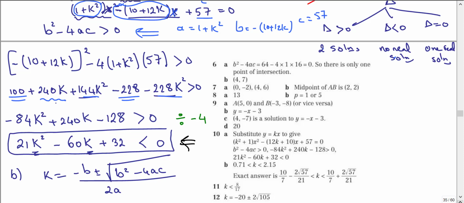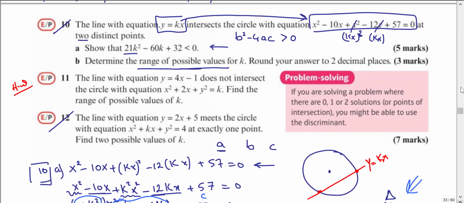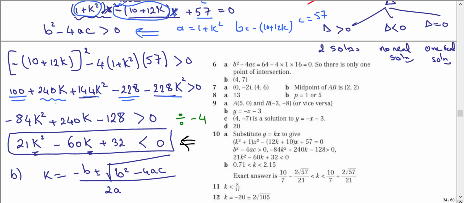You see this? If you divide this by -4, of course go back to the question. They are asking for what in the question? They are saying show that 21k squared minus 60k plus 32 less than 0. Now we want 21k squared. Like if you look here, we have negative 84. So what to do? Divide by -4.